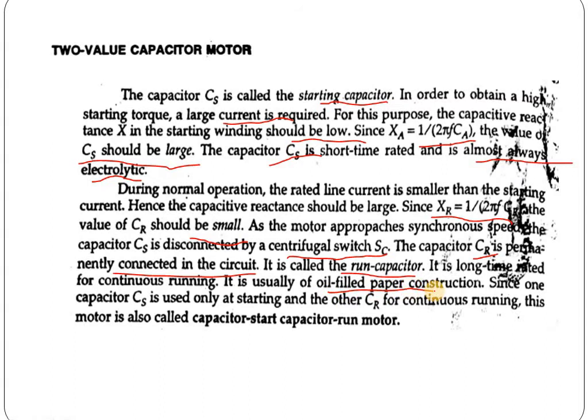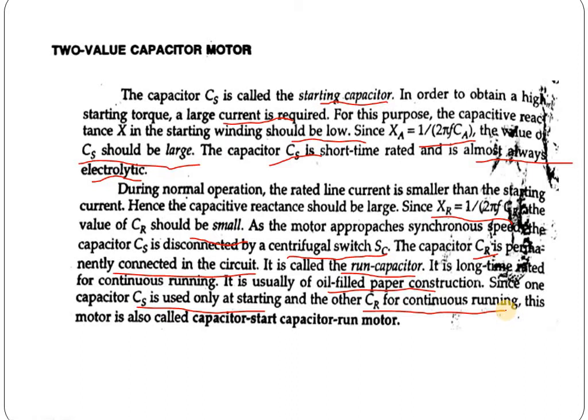Since one capacitor CS is used only at starting and another capacitor CR for continuous running, this motor is known as the capacitor start and capacitor run motor. So remember the concept: we have used two capacitors, and at the time of starting both CS and CR are working.